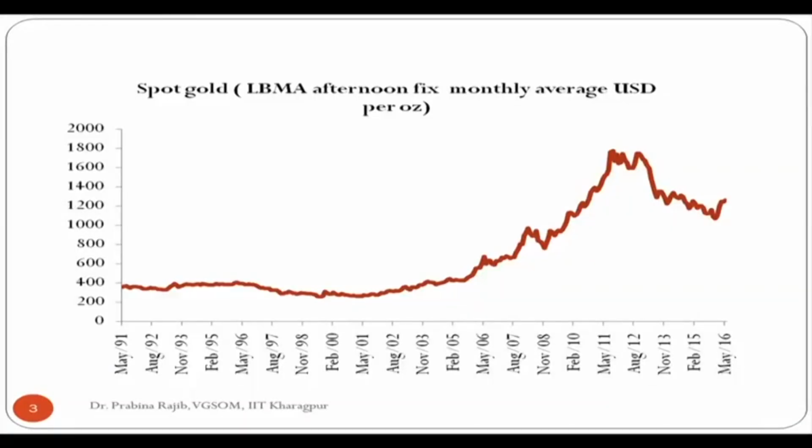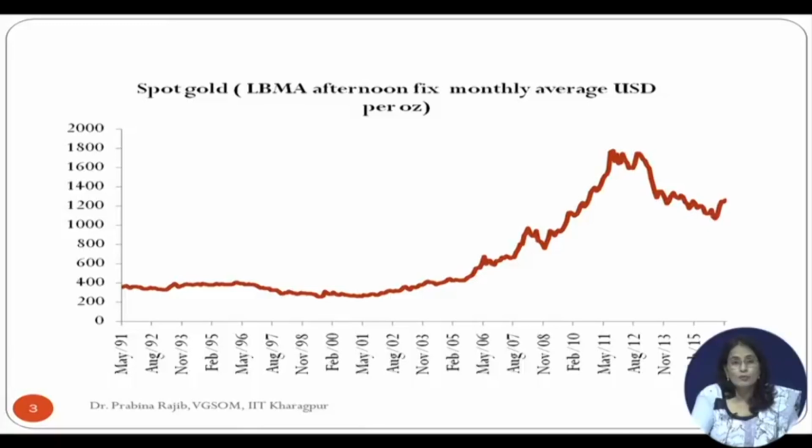Let's go to this particular picture, which shows the movement of the gold spot price, and this is the LBMA afternoon fix monthly average US dollar price per ounce of gold. So if you see, from May 1991 till February 2004-5, gold was almost in the range of $300 to $400.